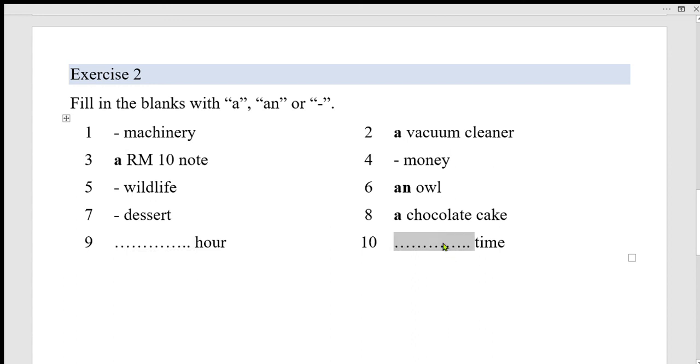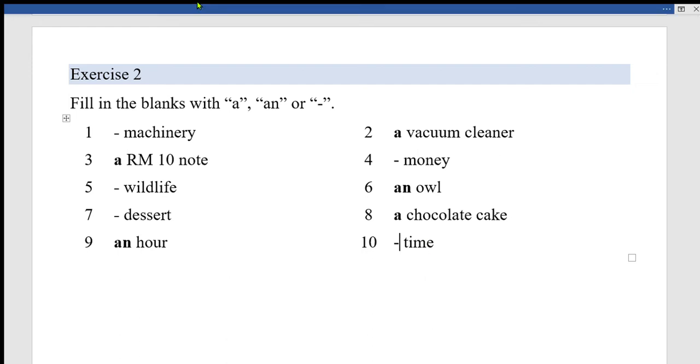Number 9 and number 10, hour and time. So for number 9, it's an hour. Satu jam. And then time, masa, it's uncountable, because time is an umbrella term. Hour it's part of time. Dia adalah sebahagian daripada masa.